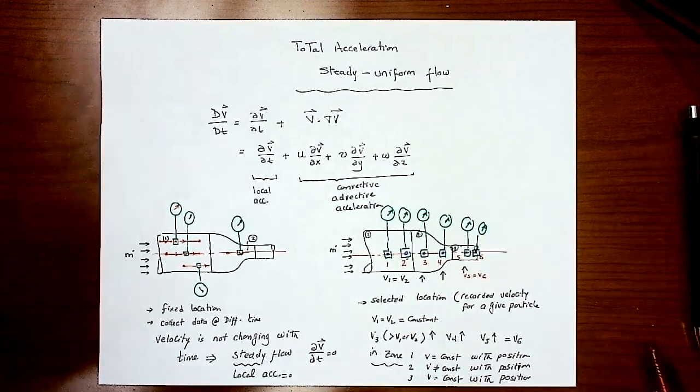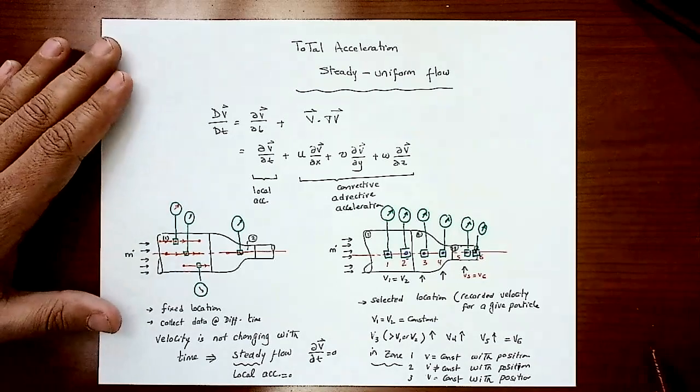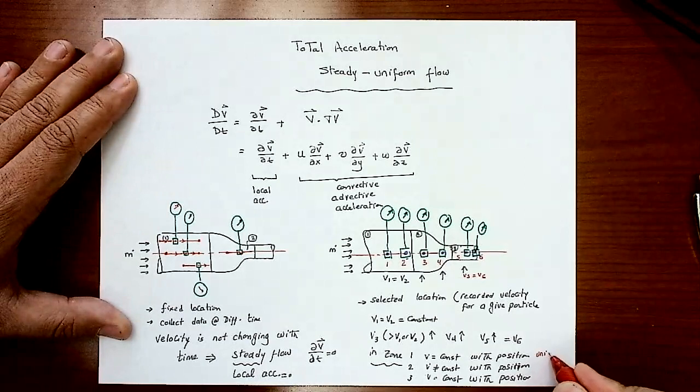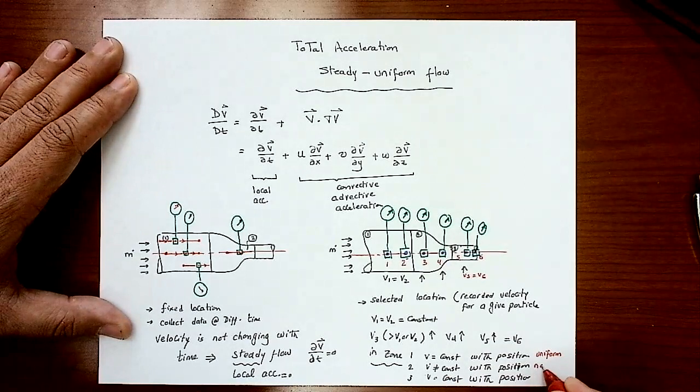We call the flow that does not change velocity with position uniform flow. So in zone 1, I have uniform flow. In zone 2, I have non-uniform flow. And in zone 3, I am back to uniform flow.